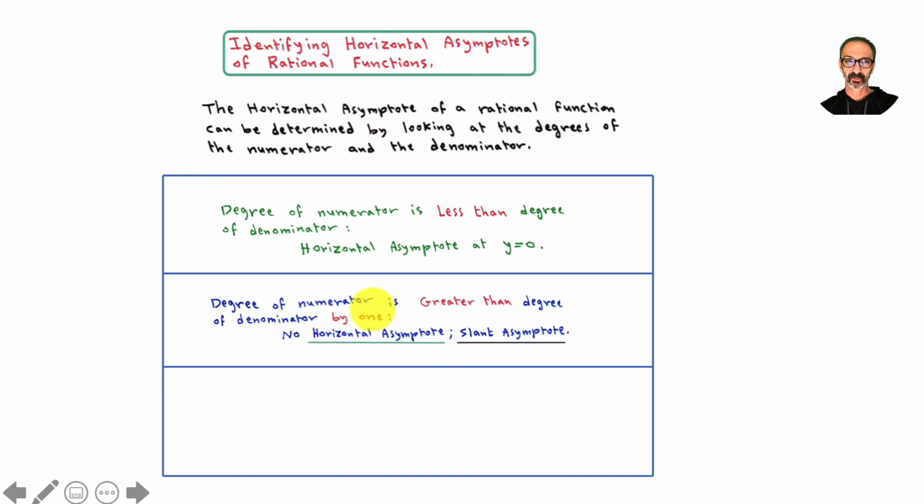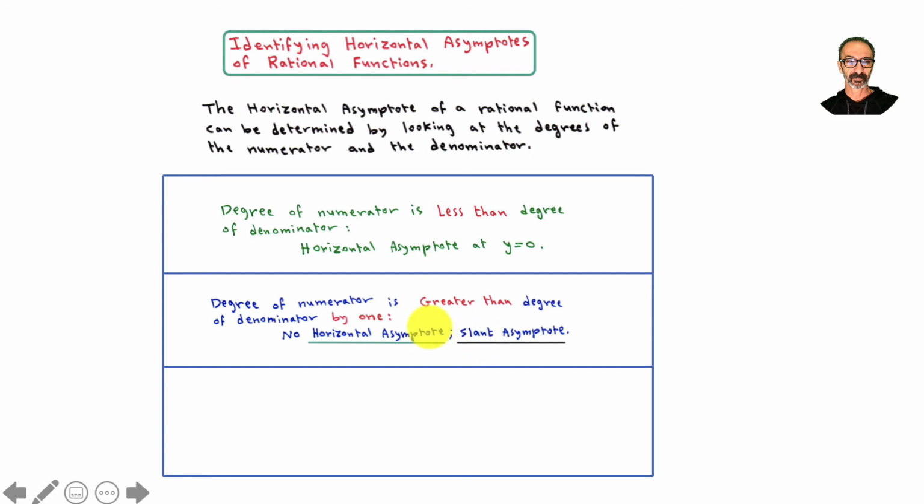The degree of the numerator is greater than. So once it's less than, horizontal asymptote. Once greater than, no horizontal asymptote. You have a slant asymptote. And here it says greater than the degree of the denominator by 1, which makes a difference.